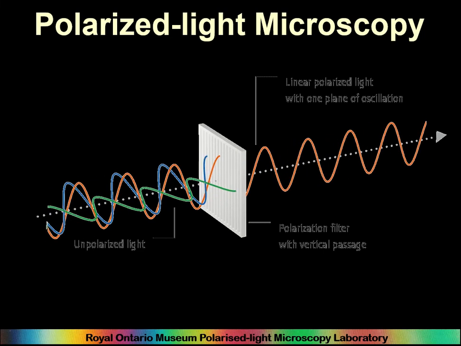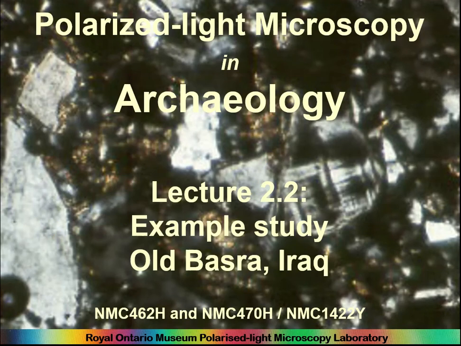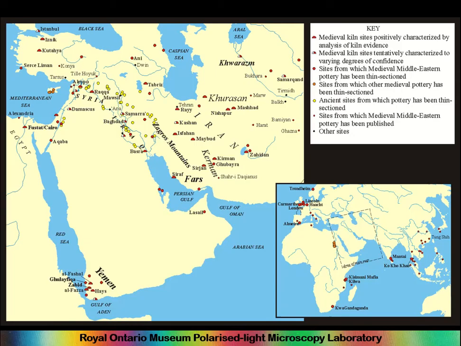This is Polarized Light Microscopy in Archaeology, and this is Lecture 2.2, the example study for Old Basra in Iraq, a very important pottery production center. So, this is the map of all the sites, and it's a bit of an old map, so there are probably sites which are missing, but it's not bad.